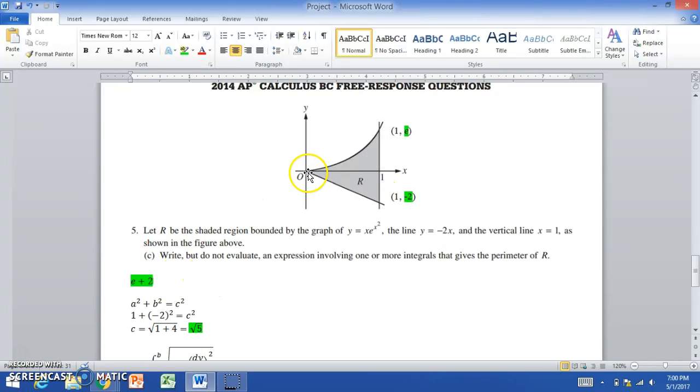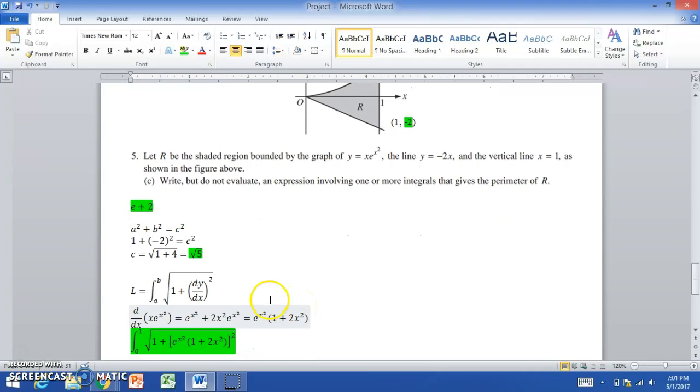Now to find the length of the line y equals negative 2x, we can treat this as a hypotenuse of a triangle using the Pythagorean theorem. Replacing 1 with a and negative 2 with b, we can find the value c, which we would get square root of 5.